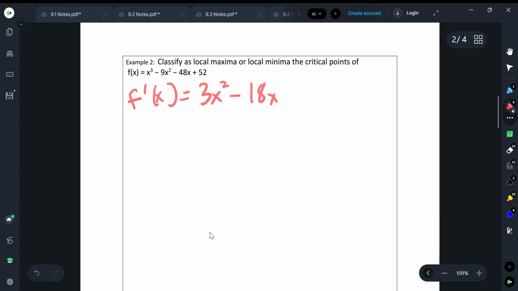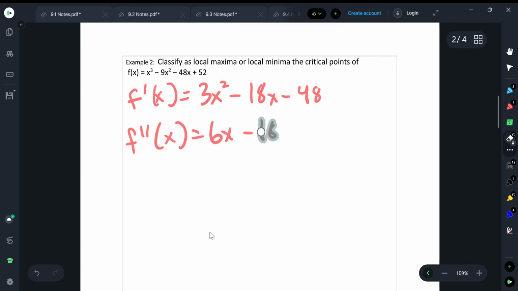So I'm finding my first derivative here, and then I find my second derivative, which I already found. It's actually called the second derivative test.